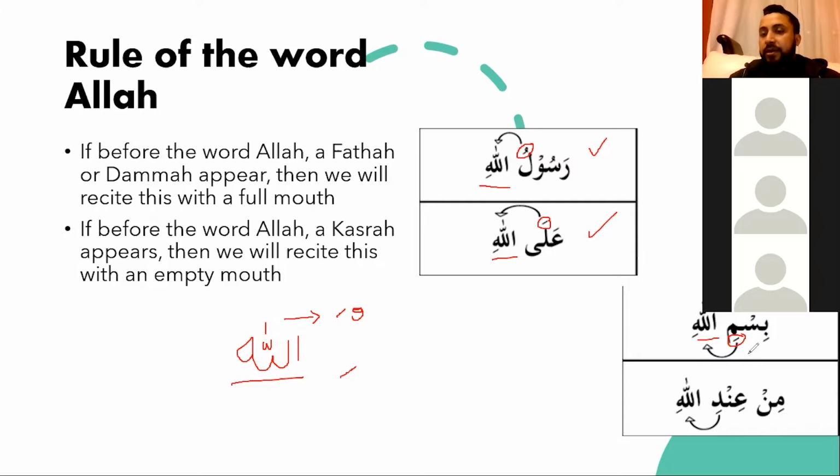So we're going to recite the word Allah with an empty mouth. Then you've got min indillahi. We're not going to say indillahi, we're going to say min indillahi. Make sense?